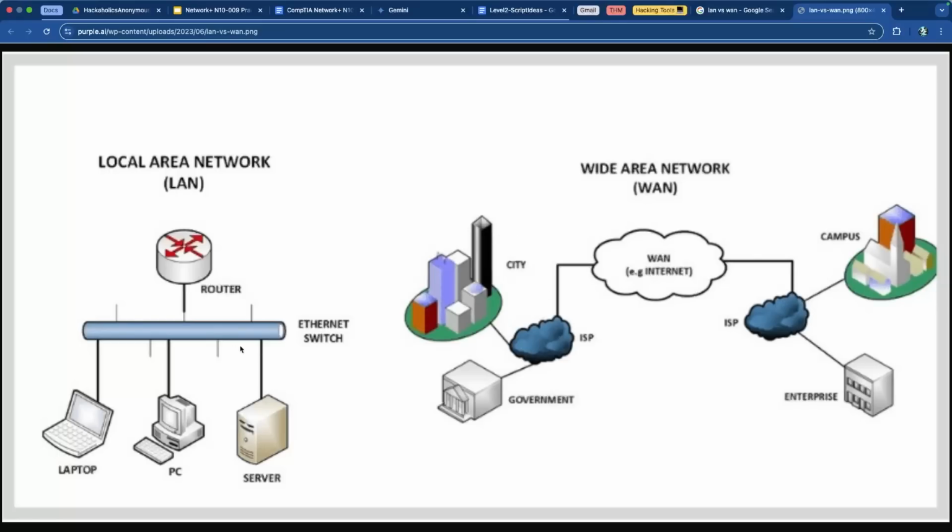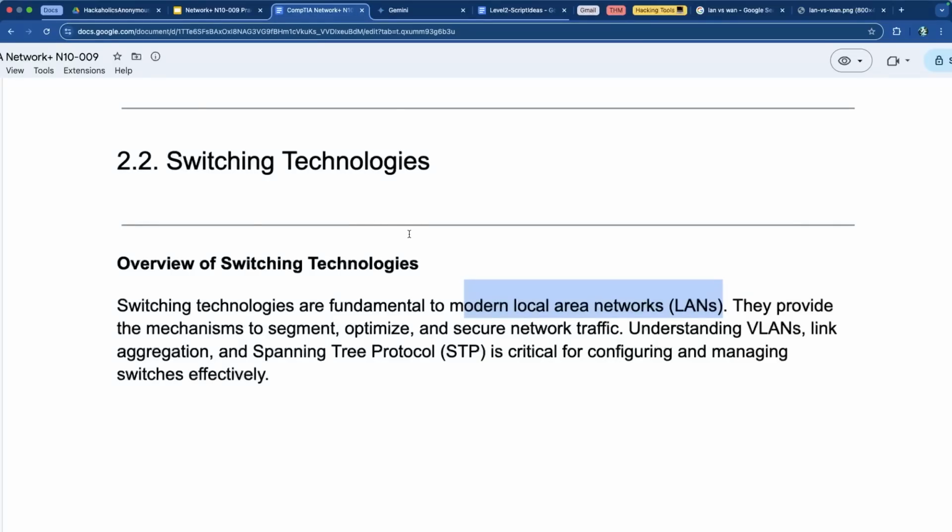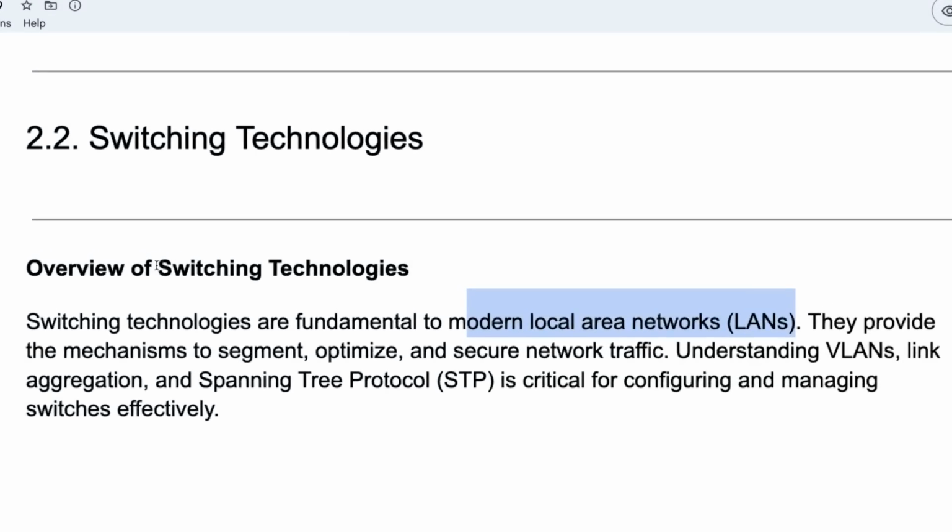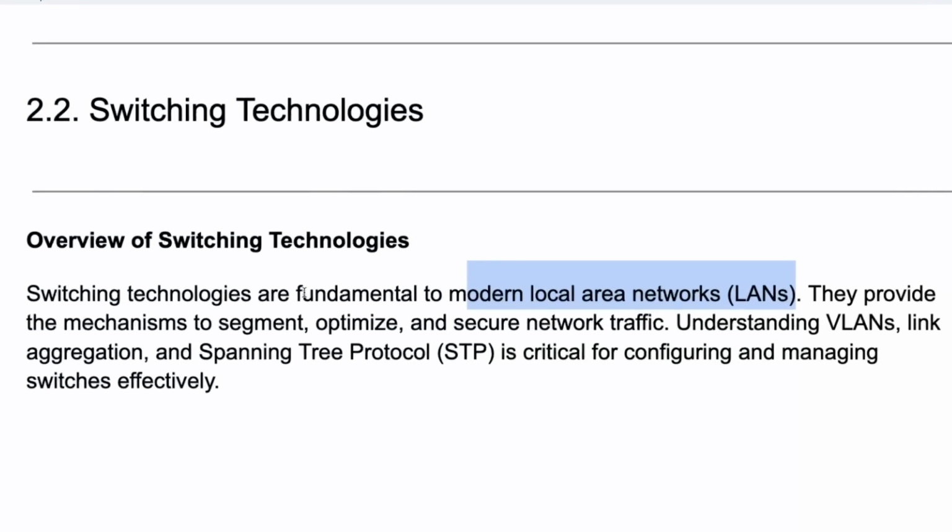Now, since we're talking about switching technologies, the switch itself is specific to the local area network. Routers are where the communication of the wide area network comes in. Switches are specific to the local area network. Therefore, when we talk about this particular section, switching technologies and how they connect the local area network, how they are actually fundamental to the local area network, this is where switching comes in.